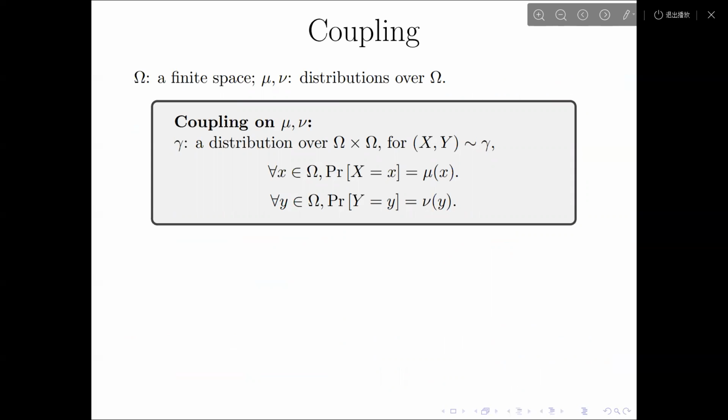Let Omega be a finite space, and mu, nu two distributions over Omega. We call gamma a coupling of mu and nu if gamma is a distribution over Omega times Omega such that, taking a random (X, Y) distributed as gamma, for any x in Omega, the probability that X equals x is mu(x), and for any y in Omega, the probability that Y equals y is nu(y).